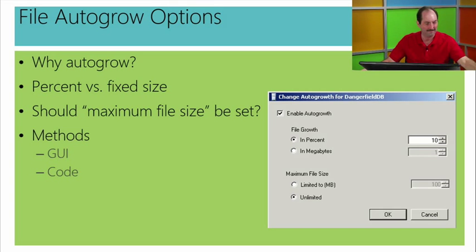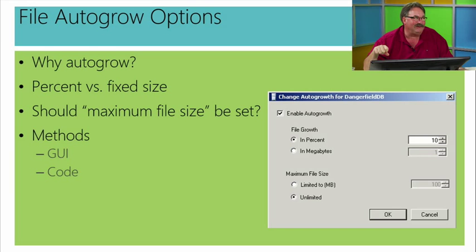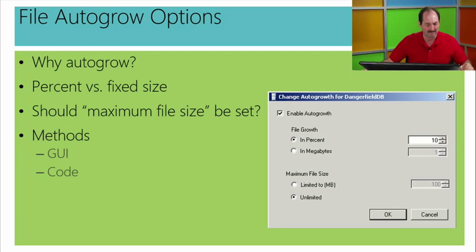And is there a way where maybe you don't have to intervene all the time? In fact, let's take a look at Autogrow options, and we'll see that on a file-by-file basis, we can set up Autogrow. I do want to say, we know some DBAs out there that will have strong feelings about whether this might be appropriate or not, and I try to take a balanced approach.